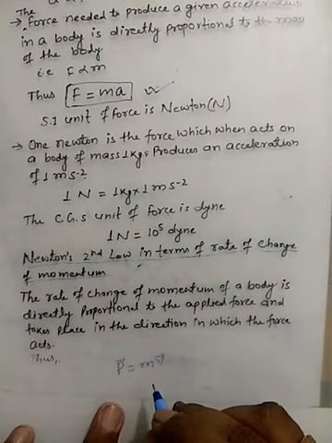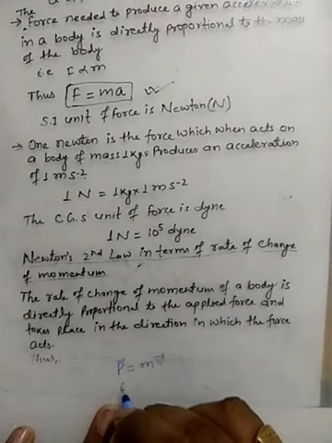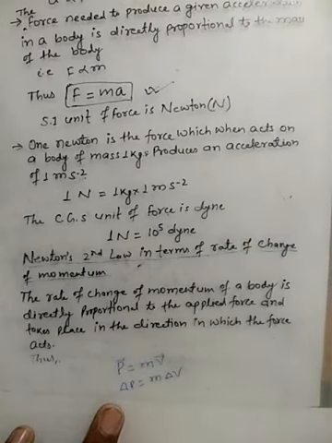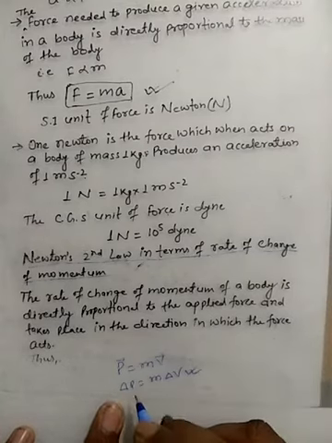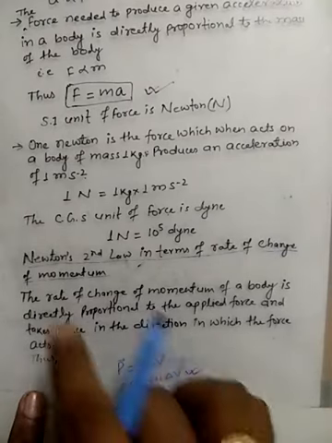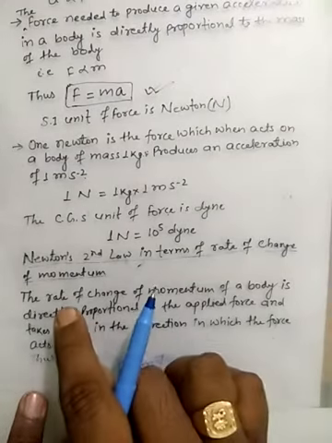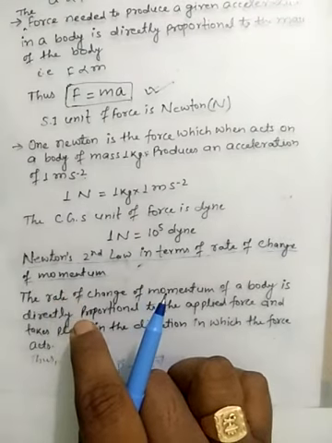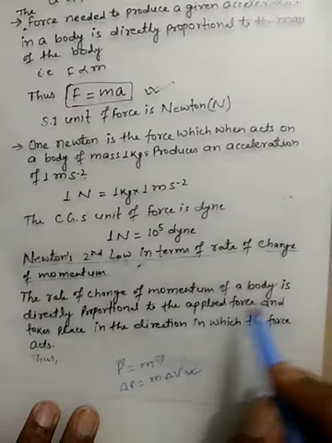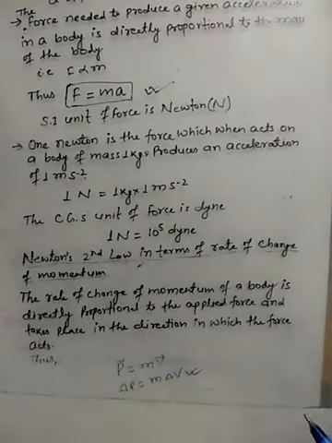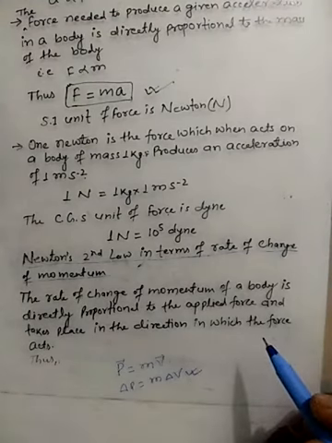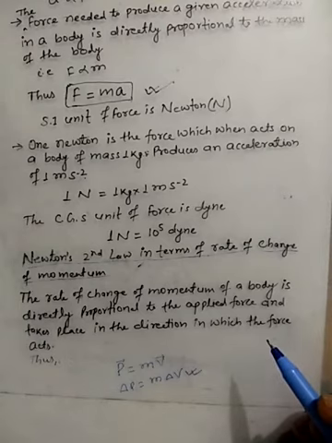We also discussed the change in momentum due to change in velocity, delta p equal to m into delta v. Newton's second law in terms of change in momentum: the rate of change of momentum of a body is directly proportional to the applied force and takes place in the direction in which the force acts.